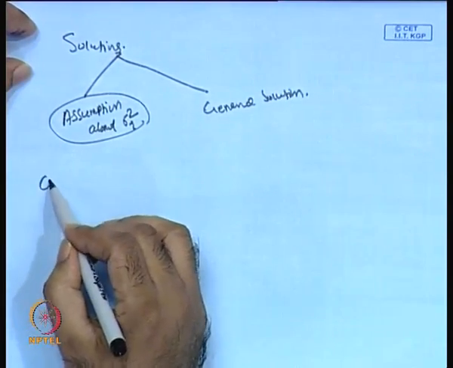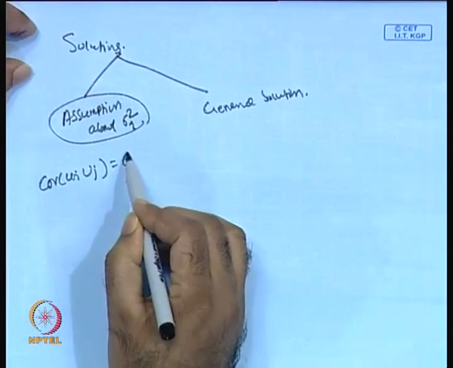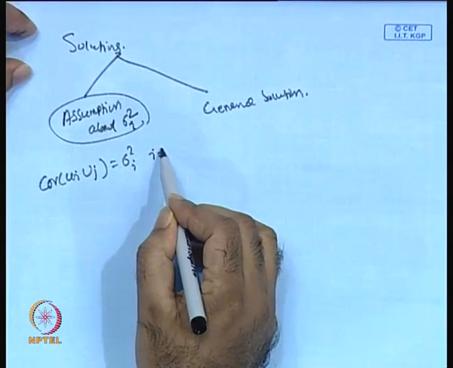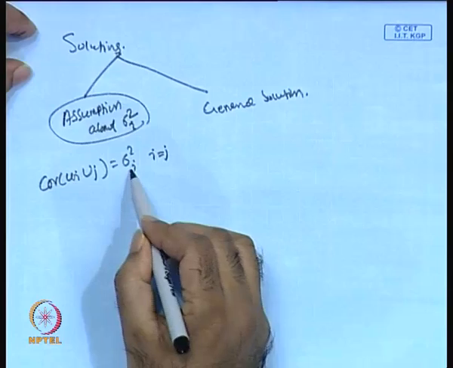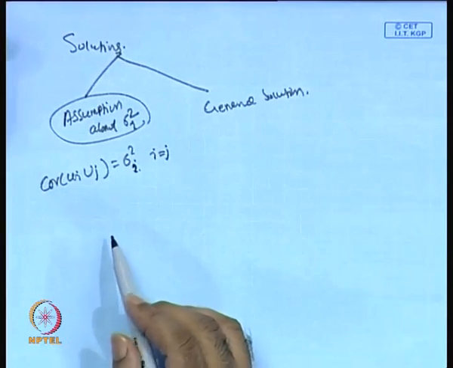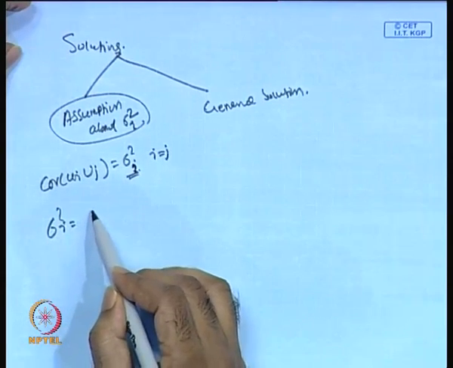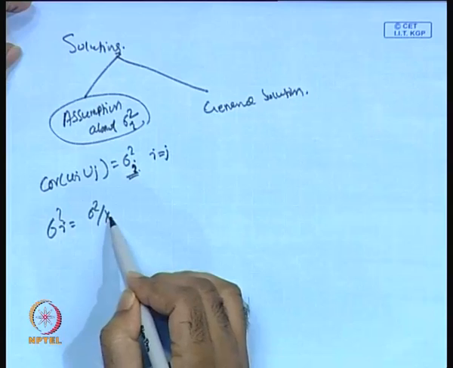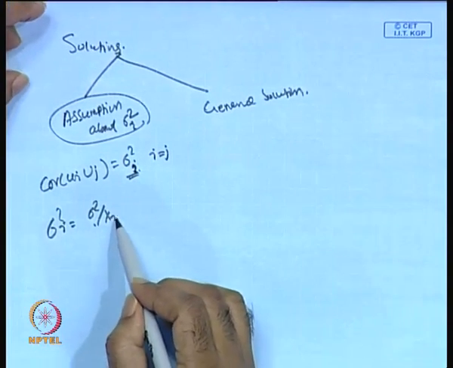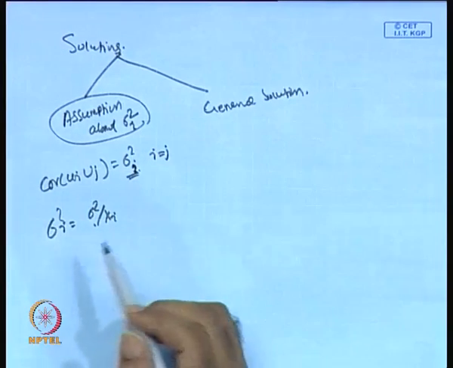Because the covariance of u i, u j equals sigma square i for i equal to j. What does it mean? It is not equal variance. So sigma square i may be some functional form. Let us say it is sigma square by x, or sigma square x i, this is the form.